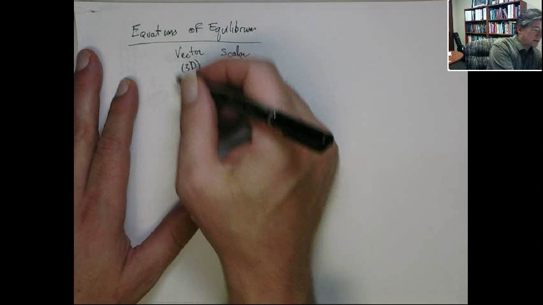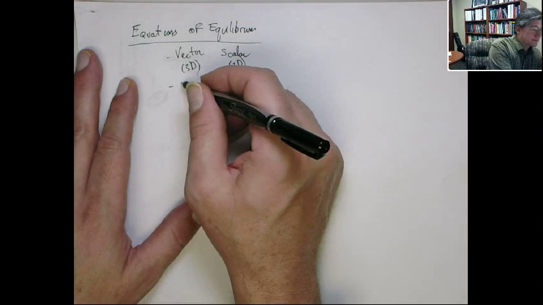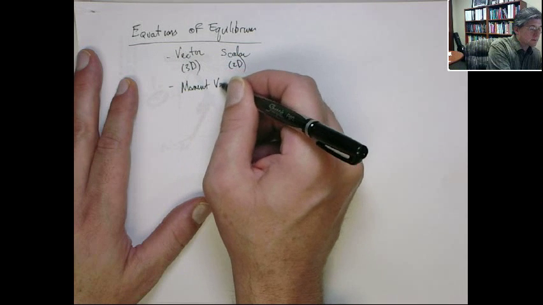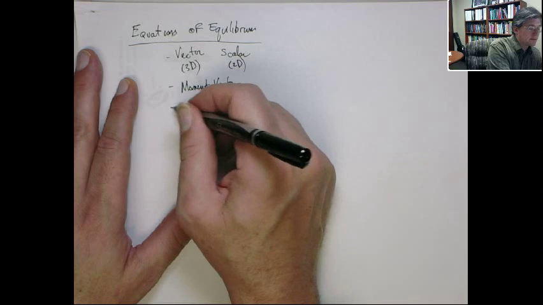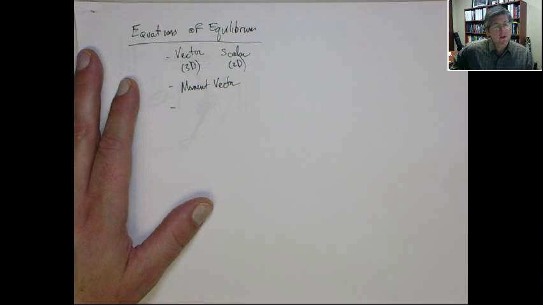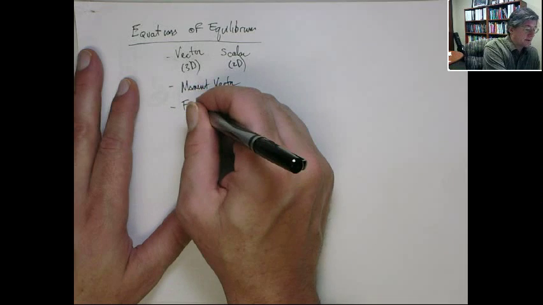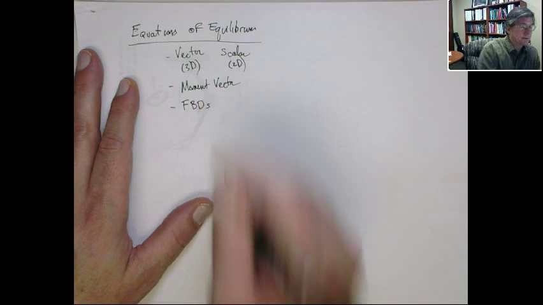We'll talk about computing moments, moment vectors. And then something that's really important, and the book doesn't get into too much, although you should have seen a good deal of this in statics, is discussion of free body diagrams. All right?